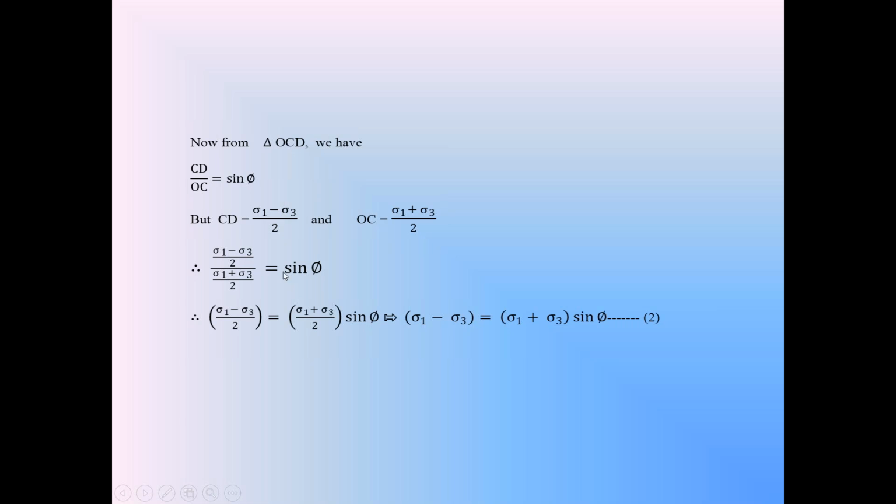So sin phi is equal to [(sigma 1 minus sigma 3) by 2] divided by [(sigma 1 plus sigma 3) by 2]. The 2 will cancel, and from this equation you will get sigma 1 minus sigma 3 is equal to (sigma 1 plus sigma 3) into sin phi. This is the condition equation we got from the Mohr stress circle.